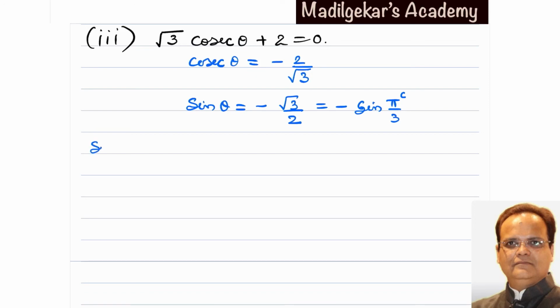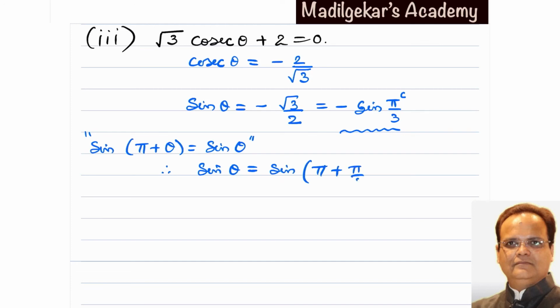Apply the allied angle formula, sine of pi plus theta equals minus sine theta. So converting this minus sine pi by 3 into the allied angle pi plus pi by 3, which is 4 pi by 3. So this is the first principal solution.